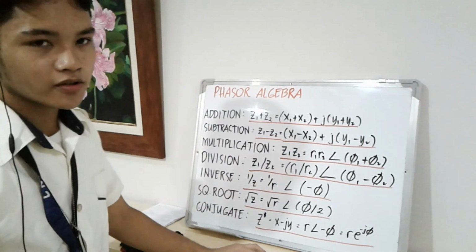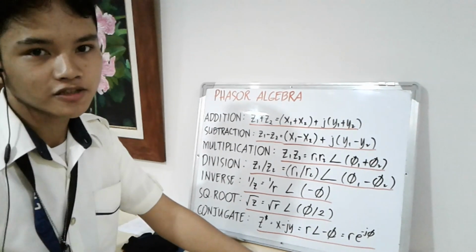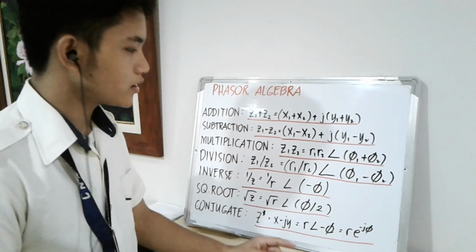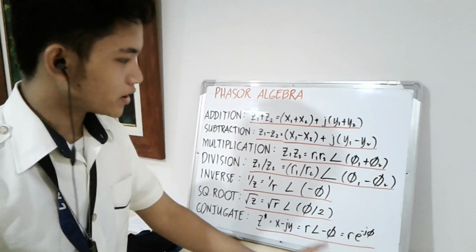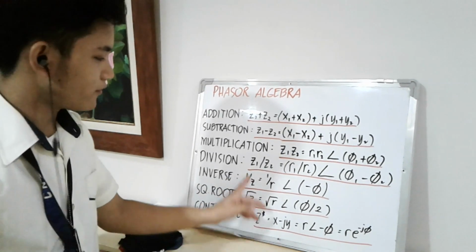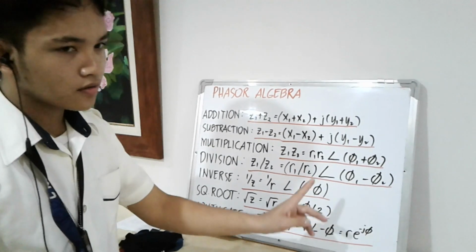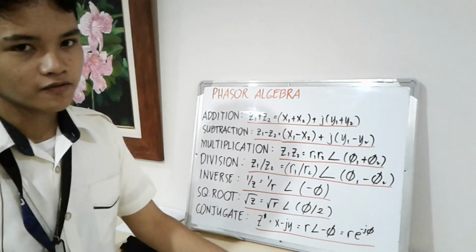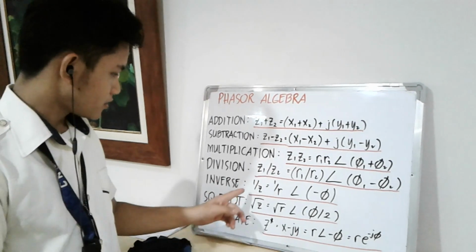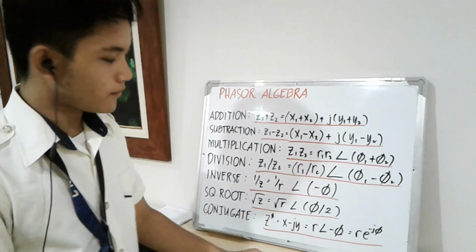Then in multiplication, we use the polar form or Steinmetz form of the complex number. z1 times z2 is equal to r1 times r2 angle the quantity phi1 plus phi2. Then in division, z1 divided by z2 is equal to r1 divided by r2 angle the quantity phi1 minus phi2. Then the inverse of the complex number: 1 over z is equal to 1 over r angle negative phi.